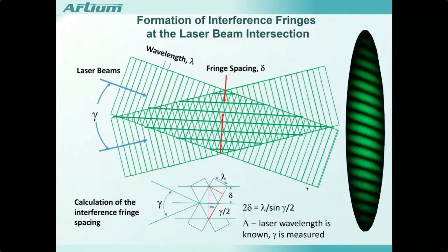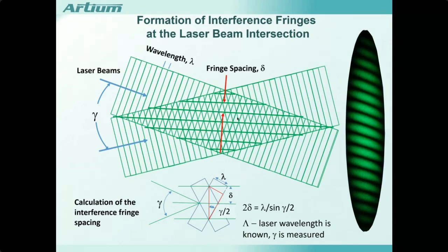I've just shown a simple cartoon or schematic of the beam overlap, just to give you an idea of how the interference occurs. If we have two waves where the crests of the waves combine, we have bright intensity, shown in that interference photograph on the right.